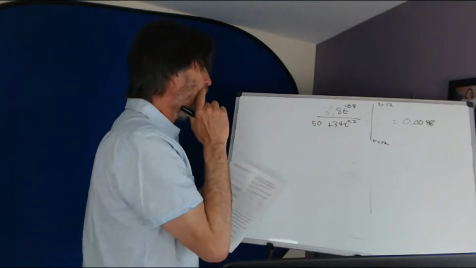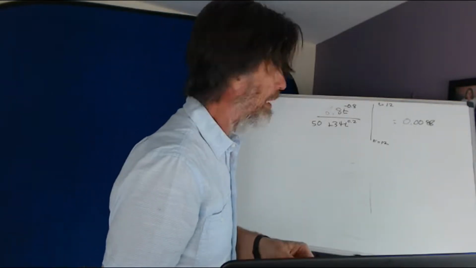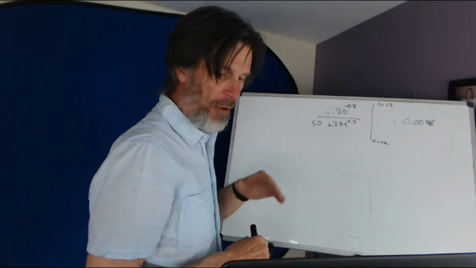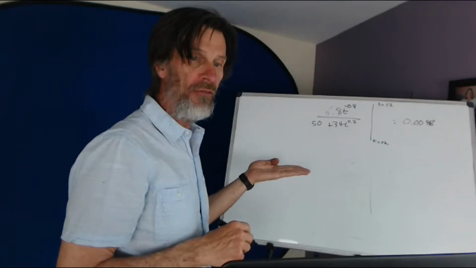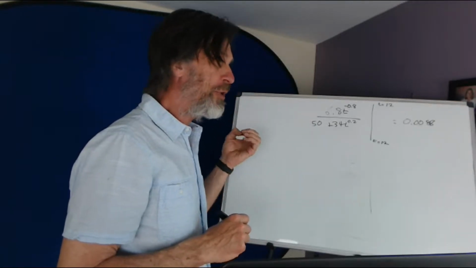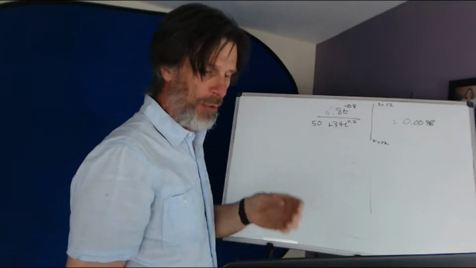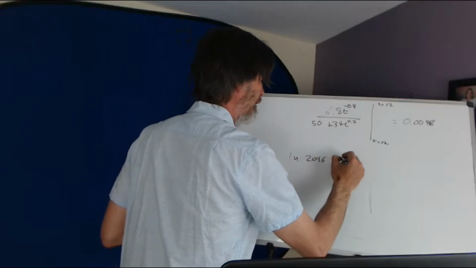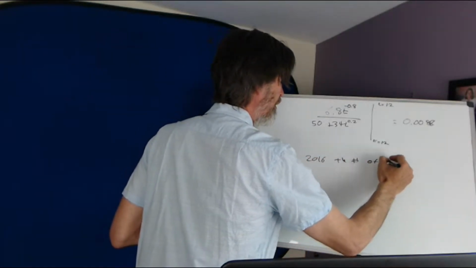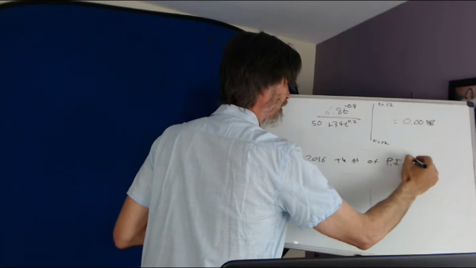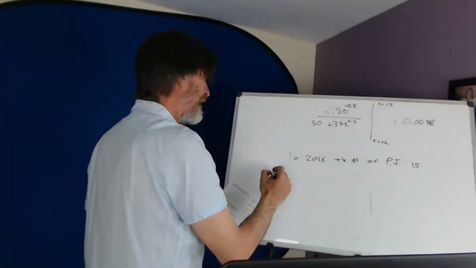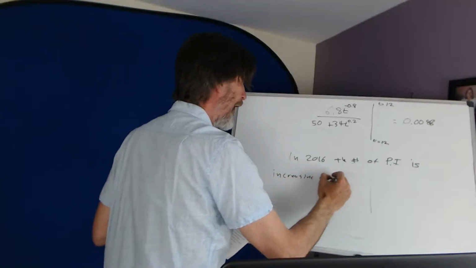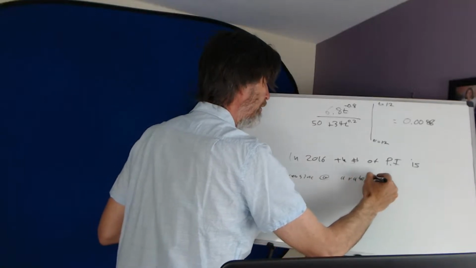So now we're going to come up with the sentence. Now the sentence here is going to mirror what it would with a derivative. Our original function gave us the number of political independents. So the derivative is going to tell us whether that number is going up or down. In 2016, the number of political independents is, since that's positive, increasing at a rate of.